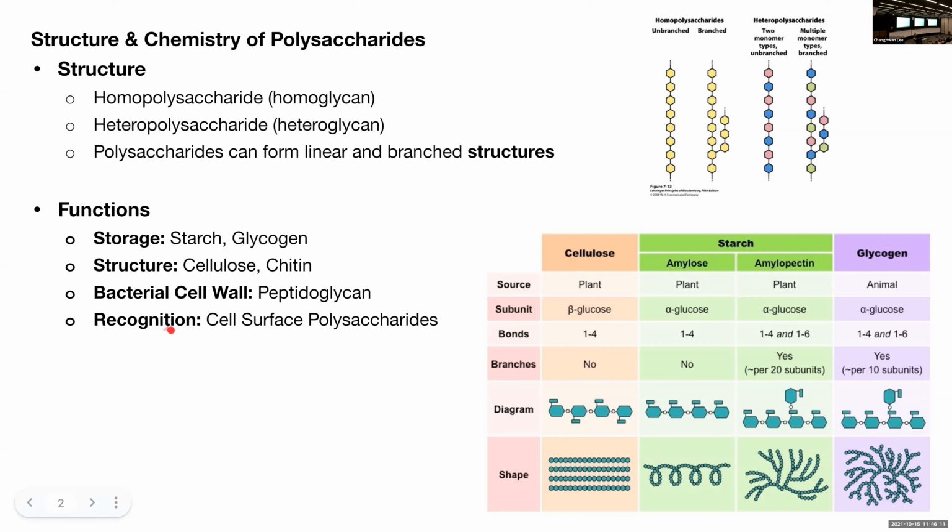Many polysaccharides are located on the cell surface and work as a specific region or recognition site for cell-to-cell interaction or triggering of the cell signaling pathways. All right, and again, we're going to talk about these shapes and other complex structures in short.